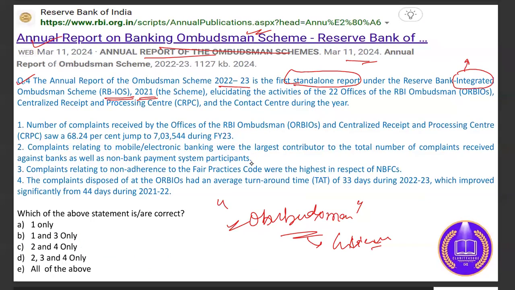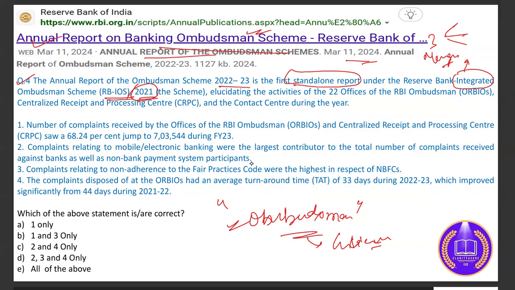You need to answer me: under the Integrated Ombudsman Scheme, which three schemes were merged to form it in 2021? The report elucidates the activities of 22 offices of the RBI Ombudsman, the centralized receipt and processing center, and the contact center during the year.